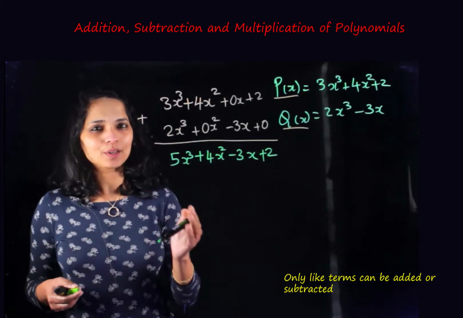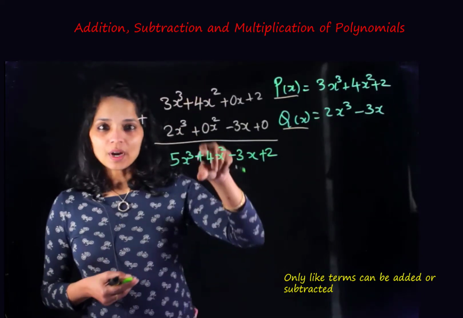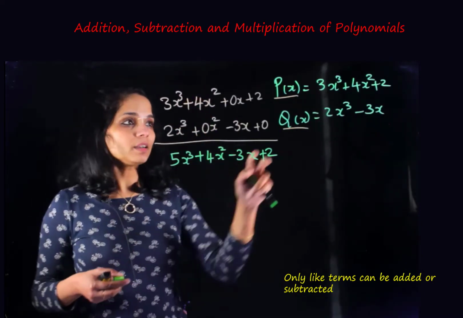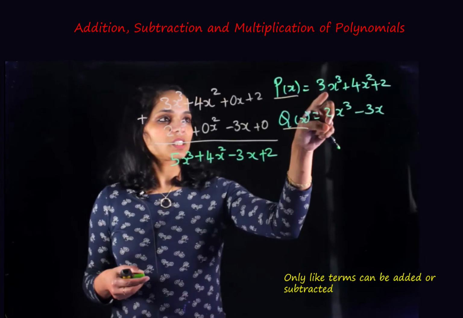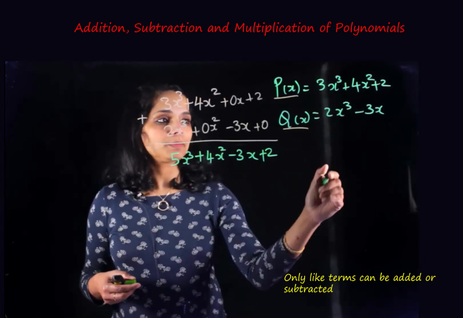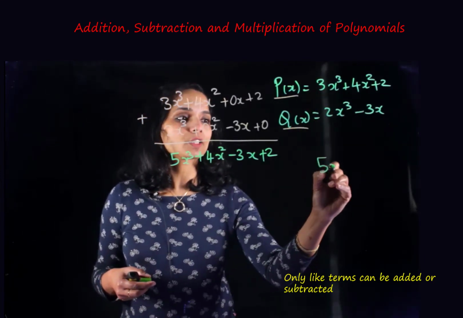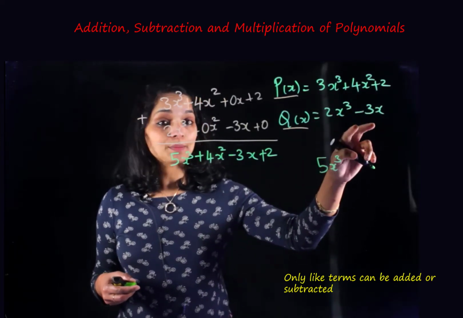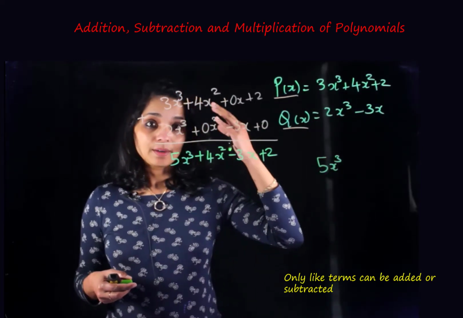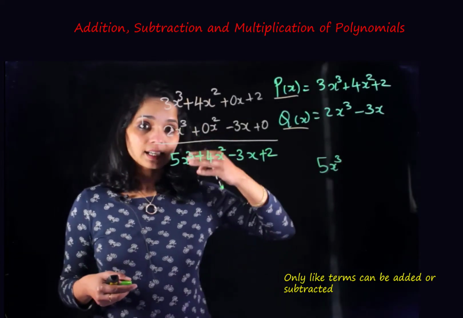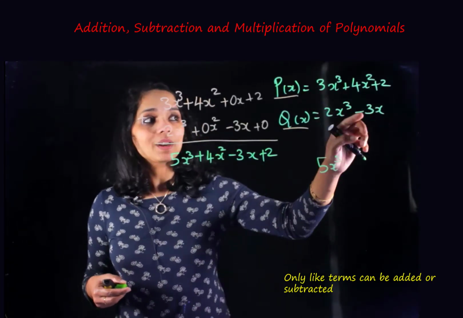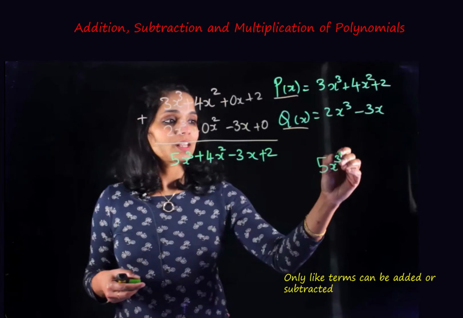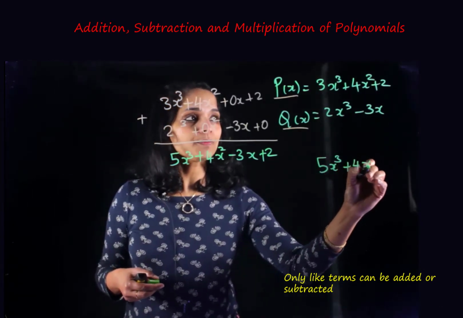Once you're an expert, you don't have to write it down this way. Instead, by looking at this, you can see, okay, 3x cubed and 2x cubed can be added together, so I can write it as 5x cubed. And 4x squared, there's no corresponding term in here, so you have to do that mental calculation and say, okay, 4 plus 0 is 4x squared.